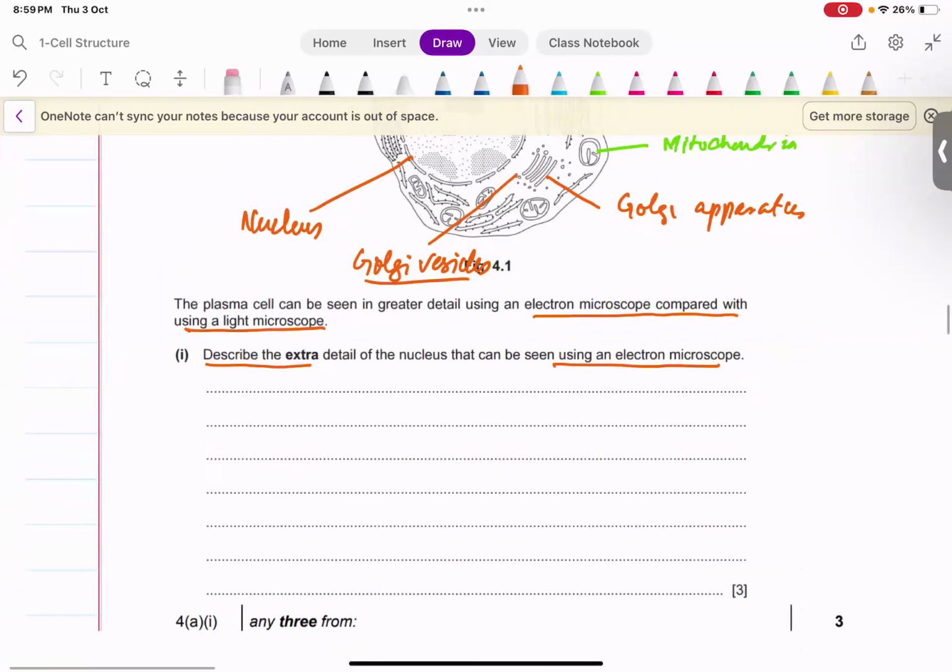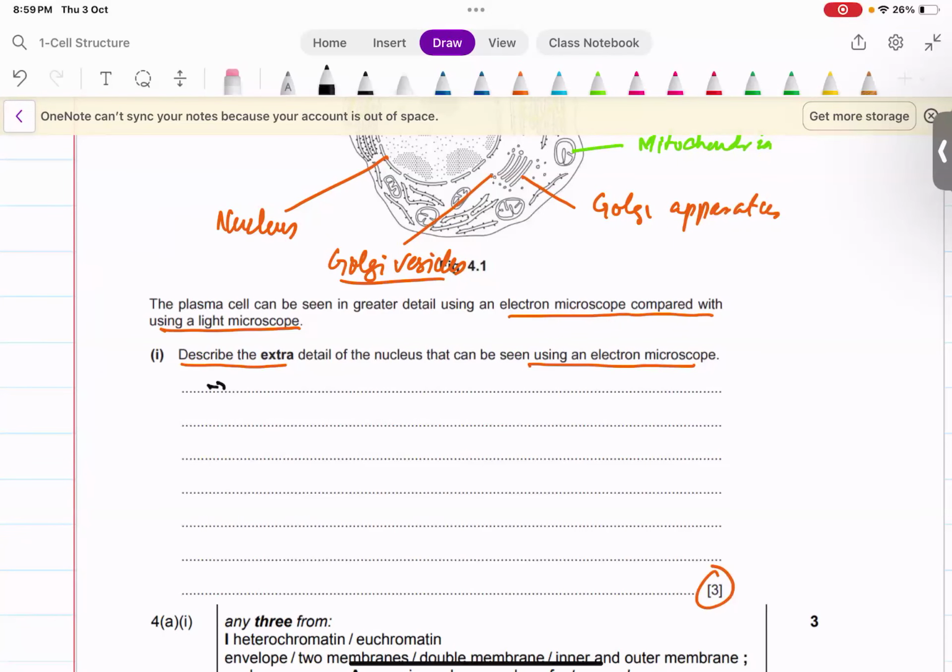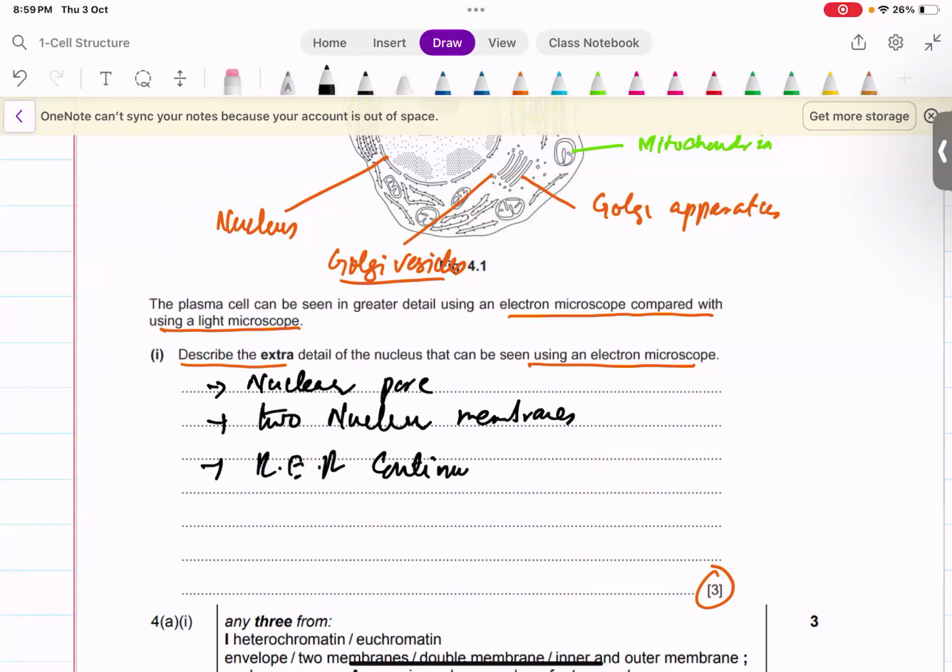Under an electron microscope, nuclear pores are seen, a nuclear envelope or two nuclear membranes are seen, and RER continuous with the outer nuclear membrane is also visible.